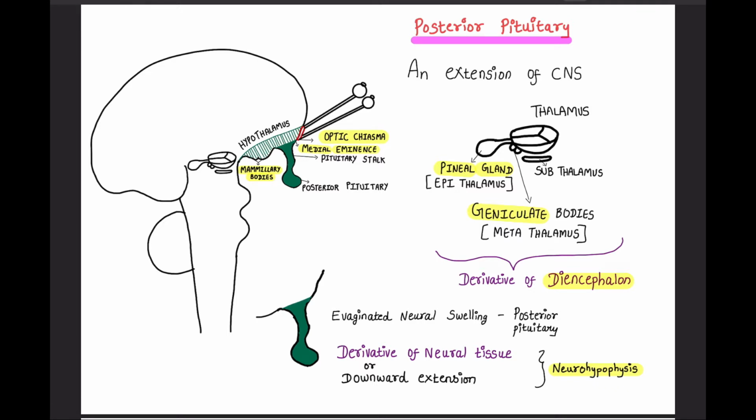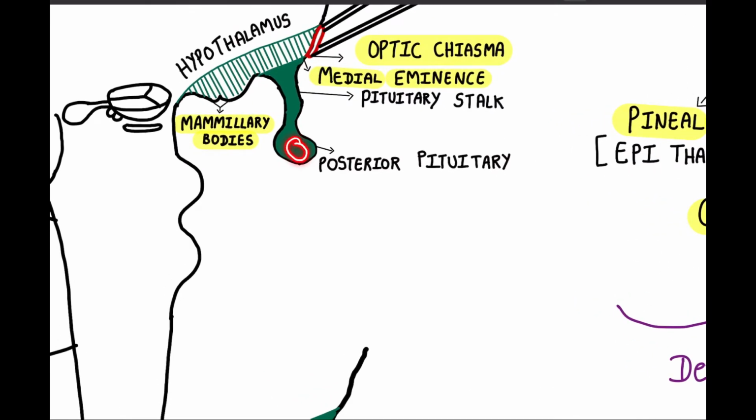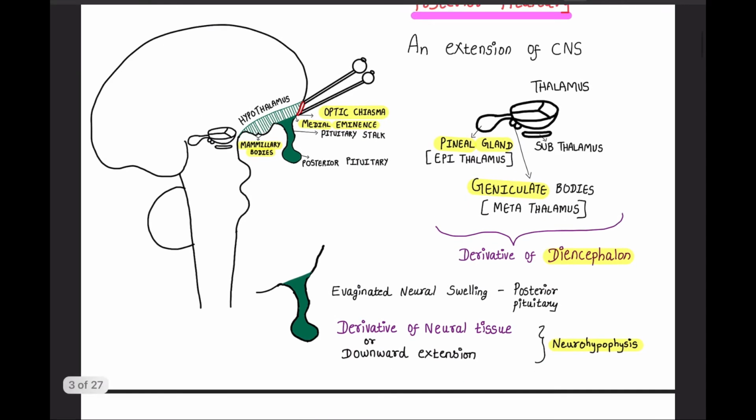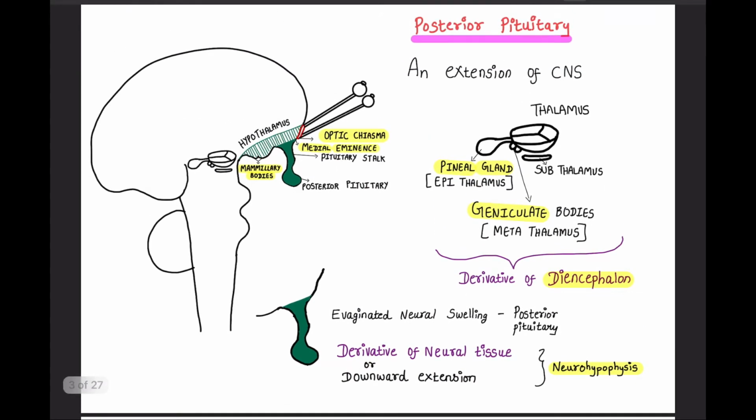In an exam, if they ask about the derivative of the posterior pituitary, you answer it is derived from the diencephalon, or you can also say that it is a derivative or downward extension of neural tissue. As it is a downward extension of neural tissue, you can see only neural cells in the posterior pituitary, and that's all you have to know on this page.